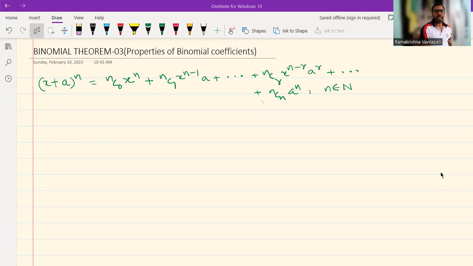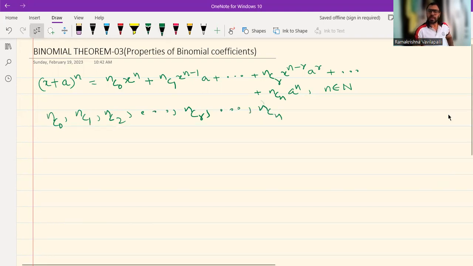So in this, nC0, nC1, nC2 and so on, nCr, and so on, nCn are known as binomial coefficients.